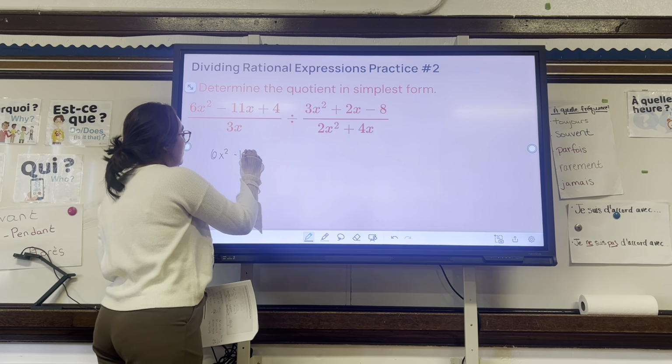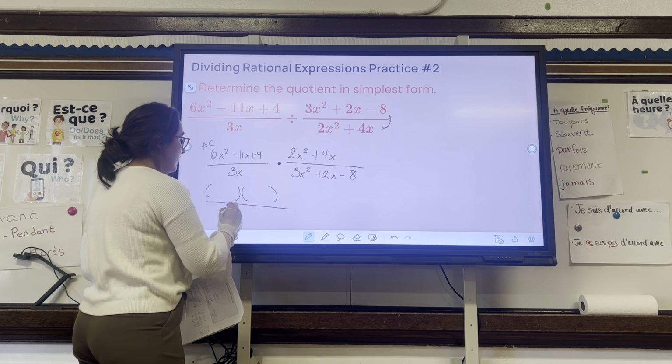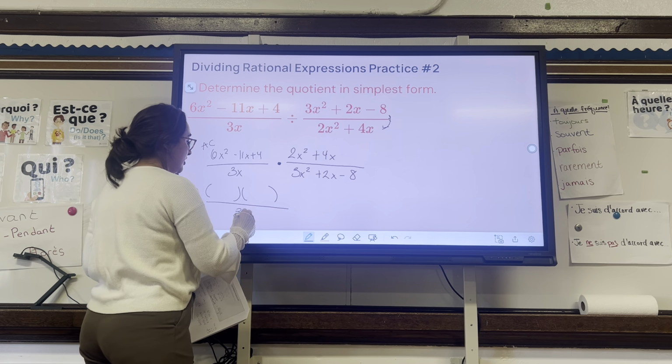Alright, so let's factor the first one. This is AC, and it's going to turn into, again, if you want to see how I actually did this, you can look at my paper copy that's posted in the post. But it's going to turn into 3x minus 4, 2x minus 1.